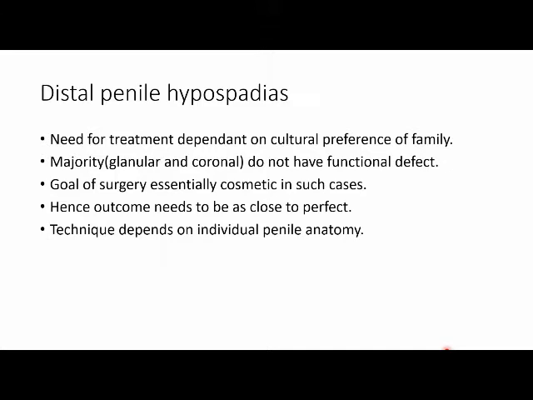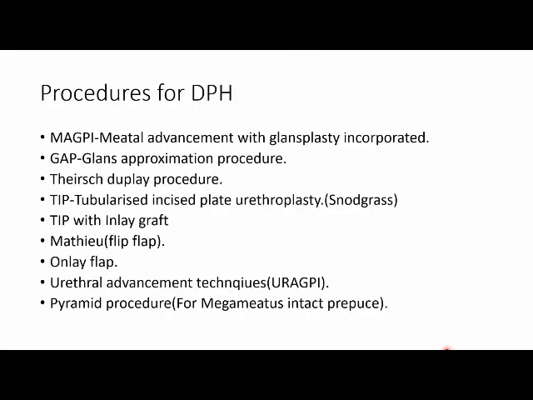So in those cases, the major concern for the family will be the cosmetic appearance, especially the deficiency of the ventral skin and also the abnormal urethral opening rather than a functional defect. So the goal of surgery in such cases will be essentially cosmetic. Hence, in such cases, the outcome needs to be as close to perfect as possible. The technique of surgery always depends on individual penile anatomy.